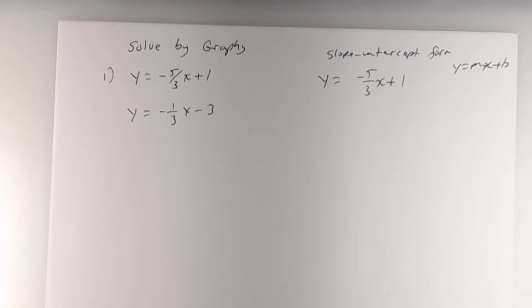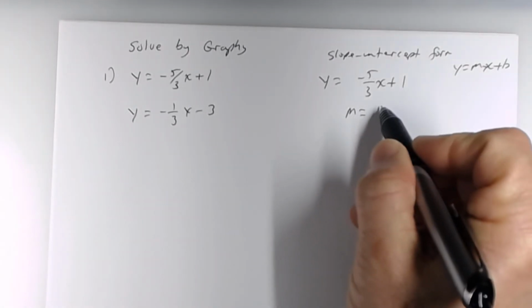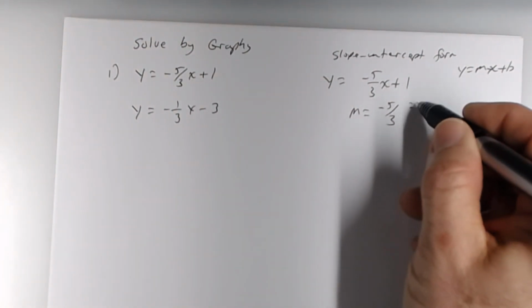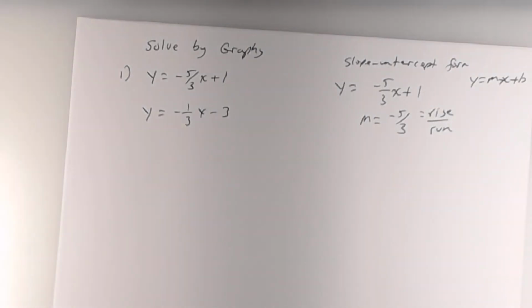Now remember though, when it's in slope-intercept form, the coefficient of x is your slope. So in this particular case, what is my slope? Negative 5/3. And remember, slope, one of the terms that you learned was rise over run: change in y divided by the change in x, rise divided by run. Now, we use the word intercept in that phrase, slope-intercept form.